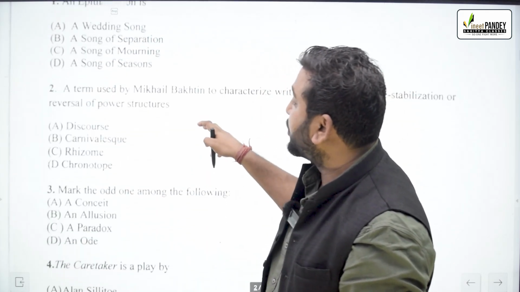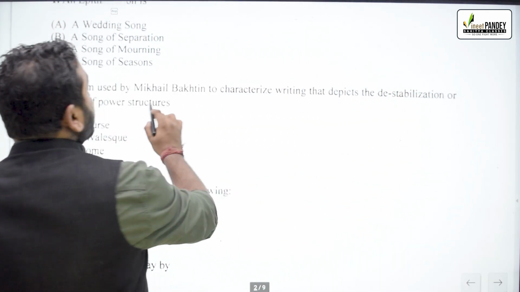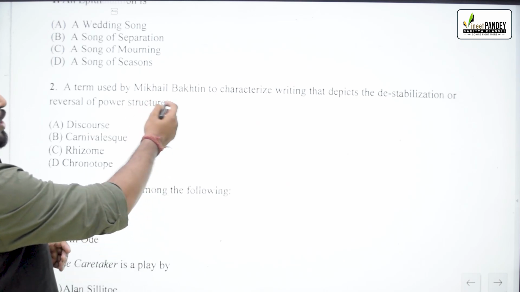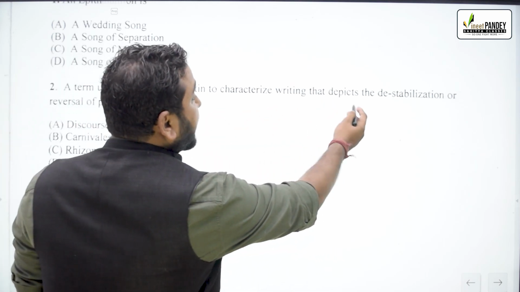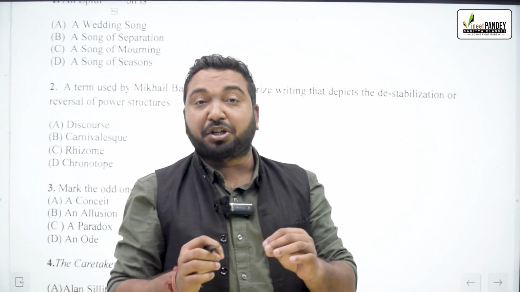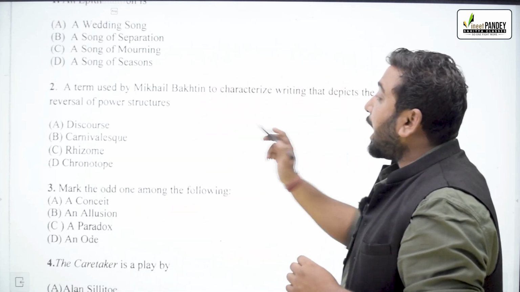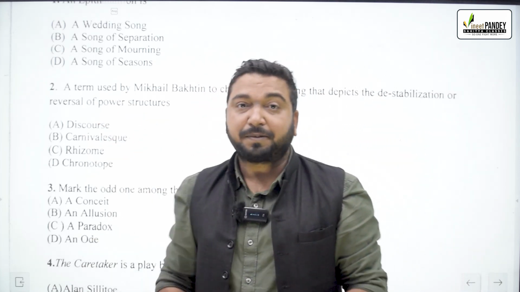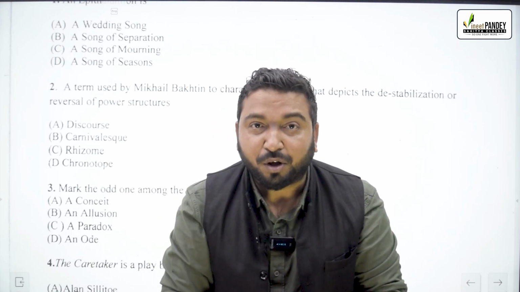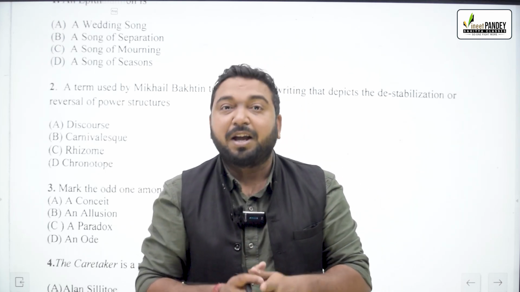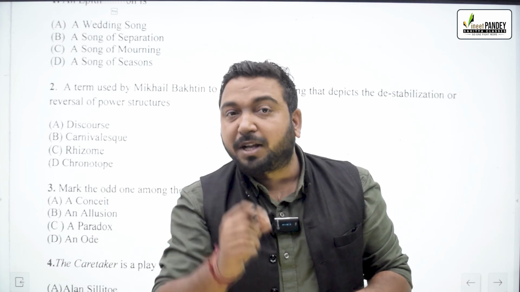Now let's move to the next question. A term used by Mikhail Bakhtin, a theory question, to characterize writing that depicts the destabilization and reversal of power structures. How many of you have gone through the lecture of Carnivalesque when I taught you the mall culture theory?